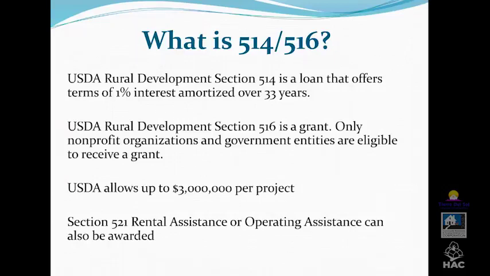And also, you can apply for Section 521 rental assistance or operating assistance, which is extremely rare in the world we live in these days. This is the map that shows which technical assistance providers are overseeing each area. But it doesn't matter whoever you call, we will see that you are put in touch with the correct technical assistance provider.